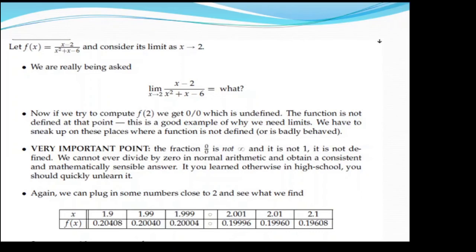We get the function value at each point, and we can see that the function value is approaching 0.2 from the left hand side, and from the right hand side it is approaching 0.2 also. So in this case the limit is nothing but 0.2, and at 2 it is undefined. We cannot get any value at 2.